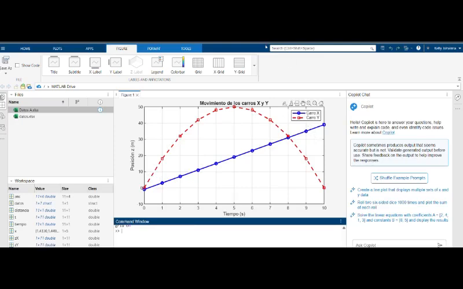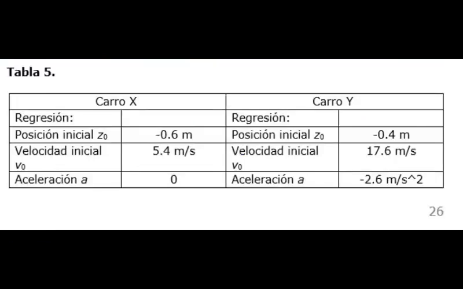After obtaining the equations of motion, we calculated the meeting point of both cars. To do this, we equated the two position equations and solved the resulting quadratic equation. The result showed that both cars meet at approximately 8.06 seconds, at a position of about 31.24 meters.